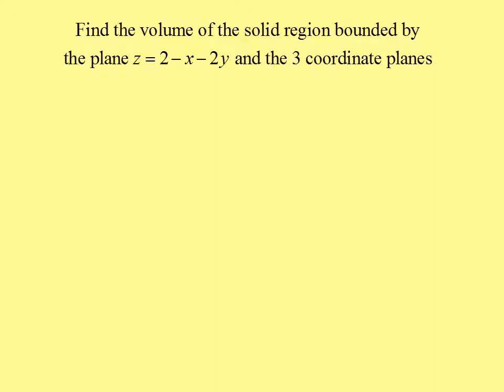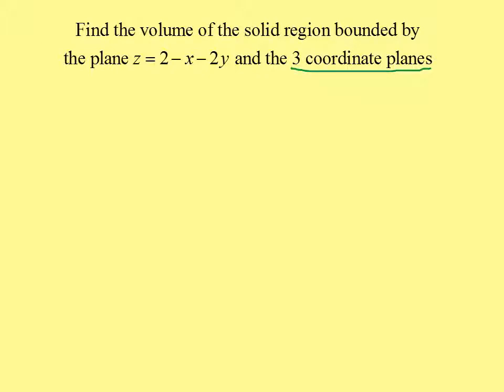Now, setting up an integral for things like this is best done with the help of some 3D graphing software. But we have a solid given as a function of x and y. That means z equals 2 minus x minus 2y. So that is a plane, and it's bounded by the coordinate axes.